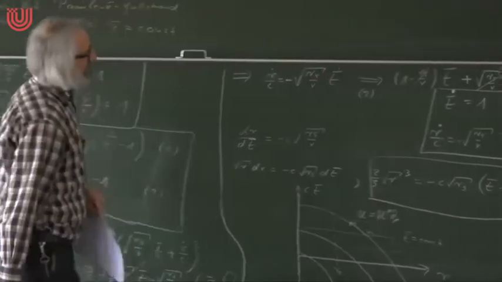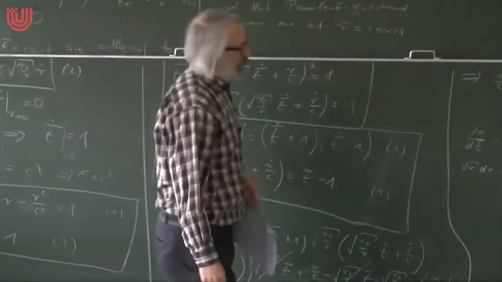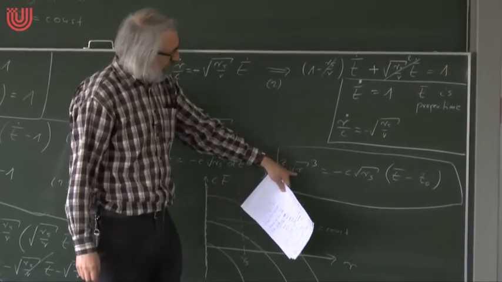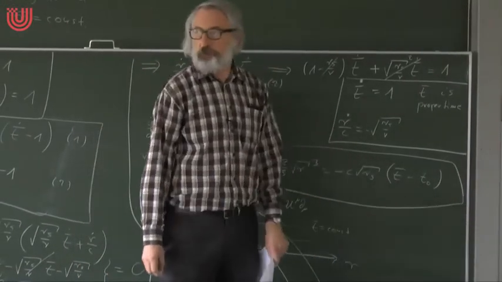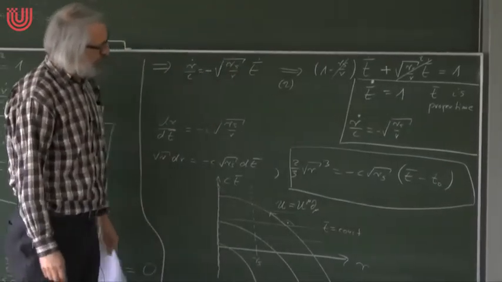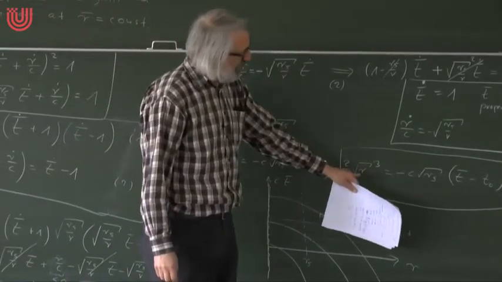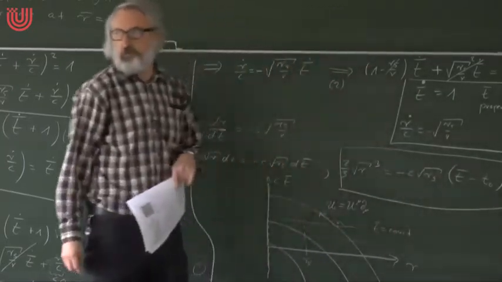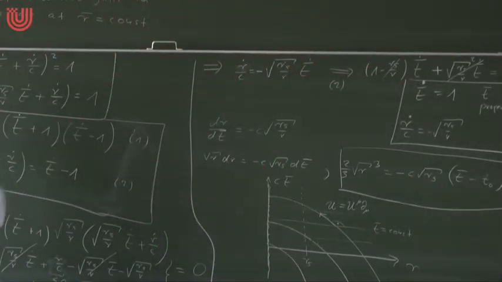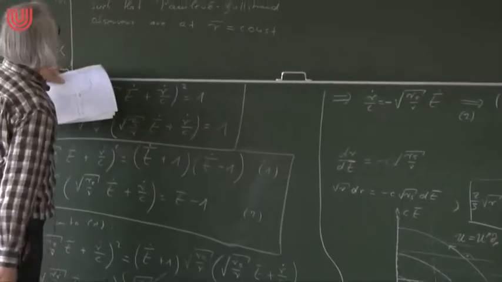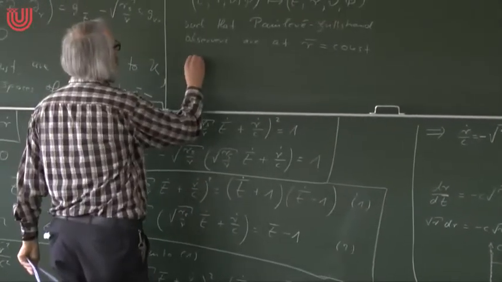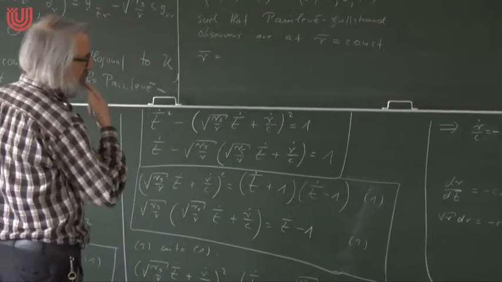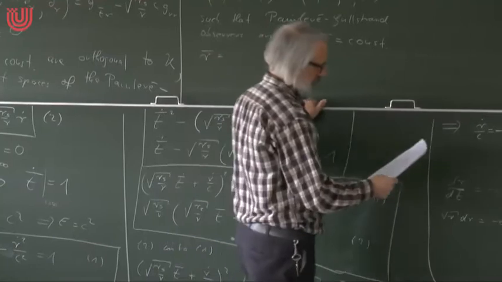That's the equation which tells us how our old coordinate r changes in dependence of t bar. And now we introduce a new coordinate, which we call r bar, such that this new coordinate is constant if the t bar varies. So we can read it from this expression. So we introduce r bar in such a way. So maybe I should solve this for r.